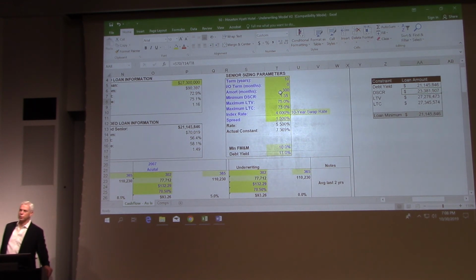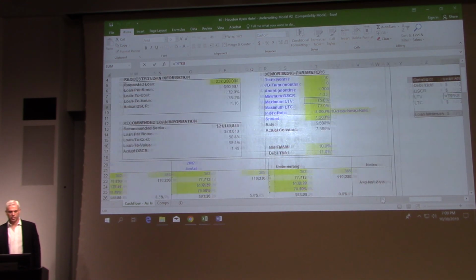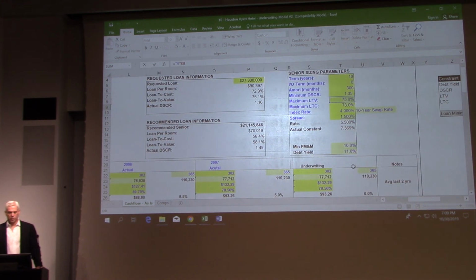Everybody understand how we got to 2 different loan amounts? These 2? It's important. You're going to have like 6 or 7 of these questions on your test. The other is maximum loan to value.